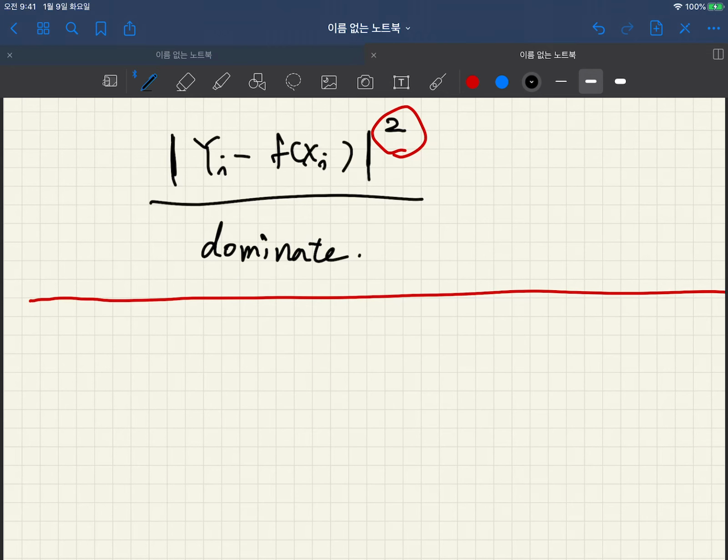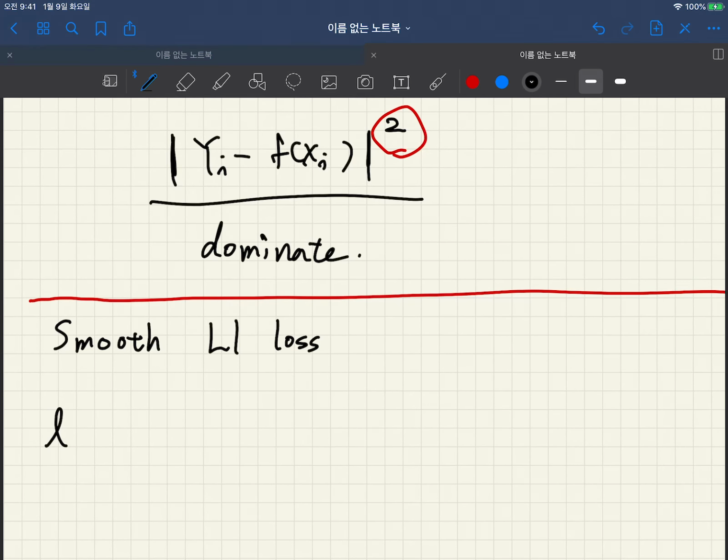So L1 has some good properties, and the L2 loss function also has some good properties. So let's combine them. This is called the smooth L1 loss function.